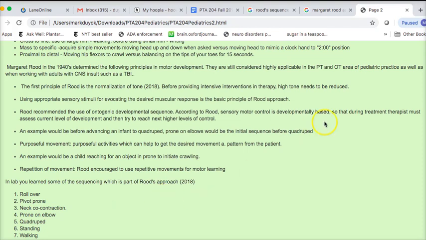So kind of going back, motor control is developmentally based. According to Rood, you must assess current level of development and then try the next higher levels of control. So in other words, before advancing someone to quadruped, prone on elbows would be first.